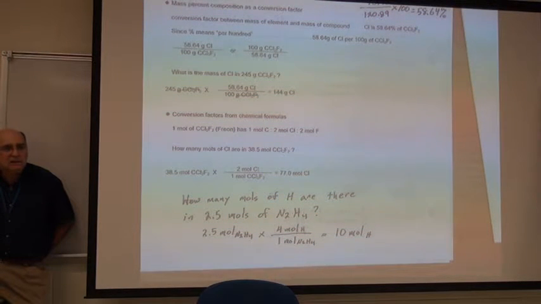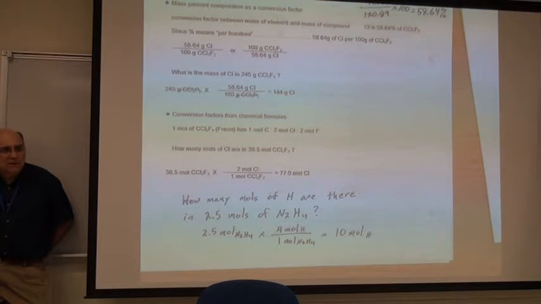Then how many tires do you have? 4 dozen. Because there are 4 tires per vehicle. How many steering wheels do you have? If you've got a dozen cars, how many? Yeah, you got 1 dozen steering wheels. Okay, you see what I'm getting at, right?